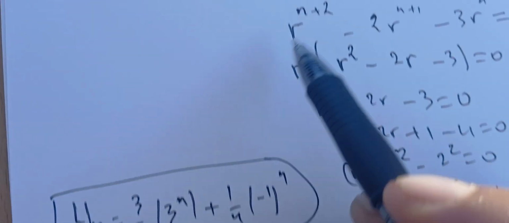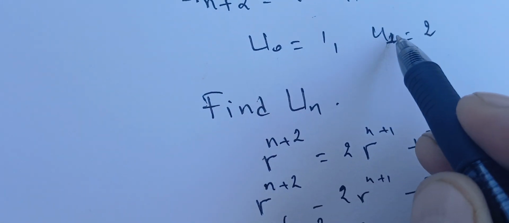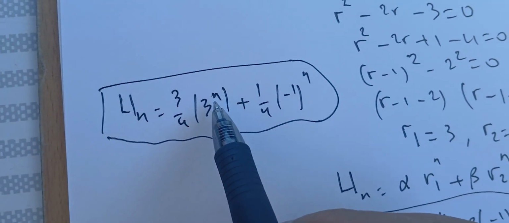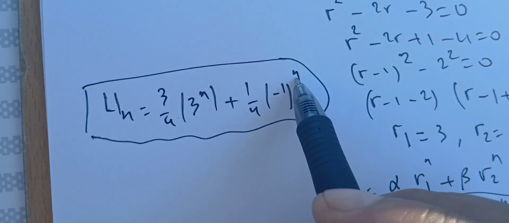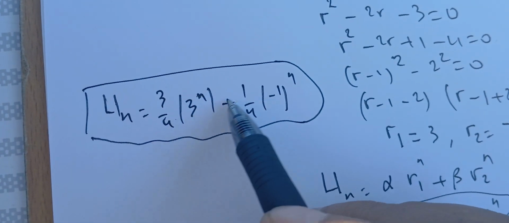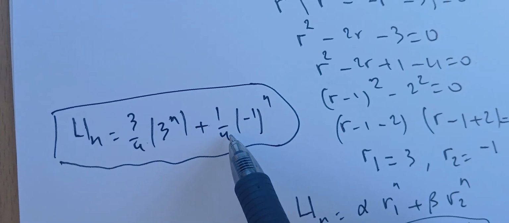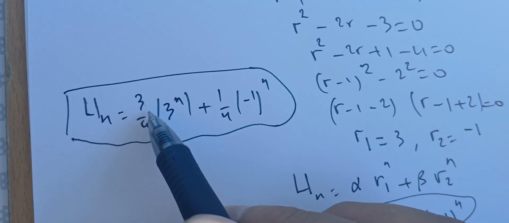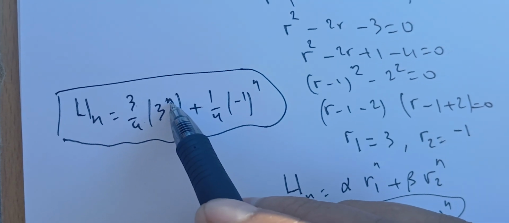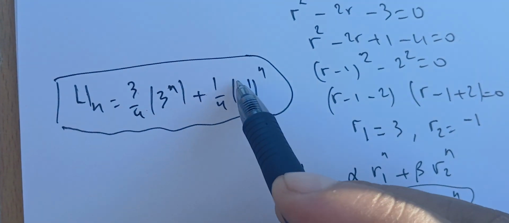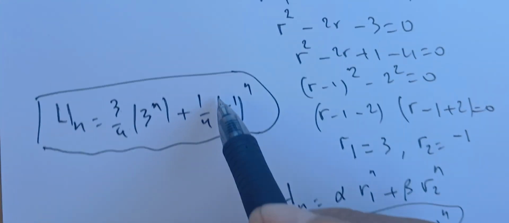I can check quickly. Here I have u_0 is 1 and u_1 is 2. If I plug 0 here, I get 3 over 4 plus 1 over 4, that's 1. That's correct. When n is 1, I have 3 over 4 times 3, which is 9 over 4, minus 1 over 4, is 8 over 4, which is 2.